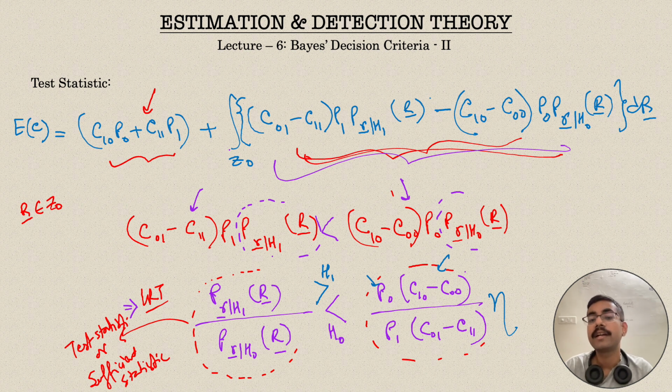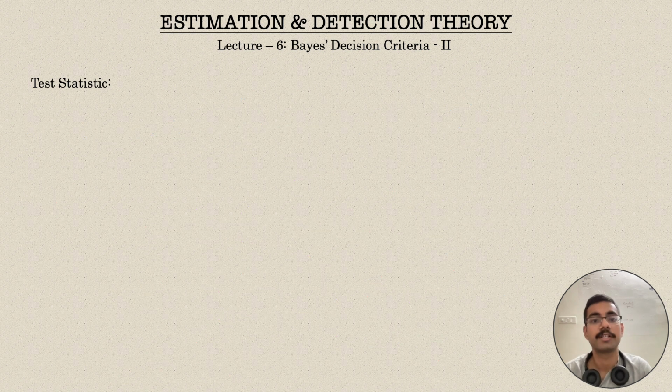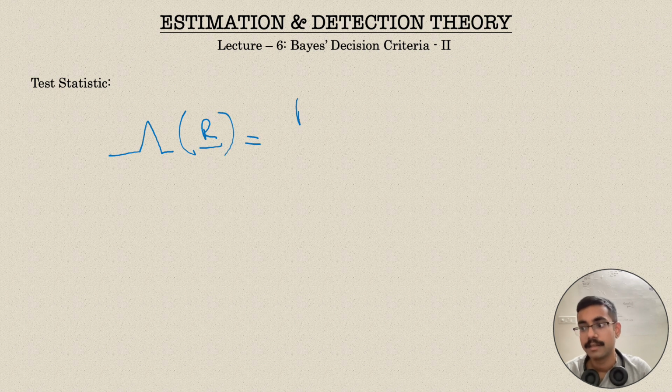So if I try to make the idea of test statistic a little bit mathematical, if I want to summarize this expression, let me summarize this expression. So this becomes our test statistic. This is P of R given H1 divided by P of R given H naught.